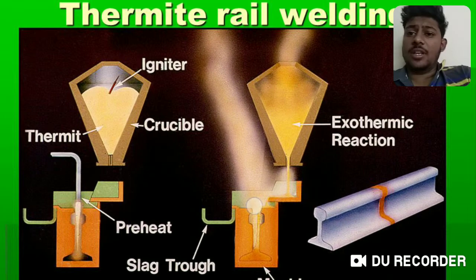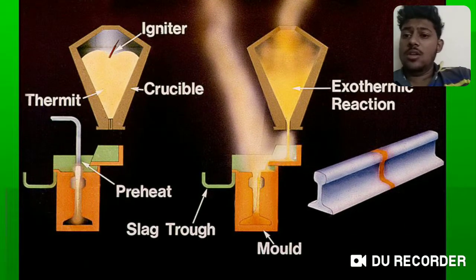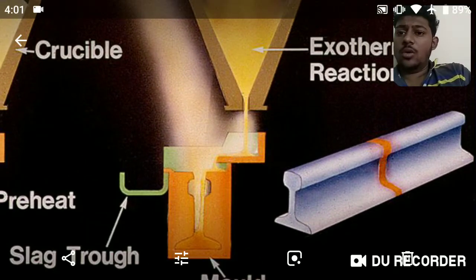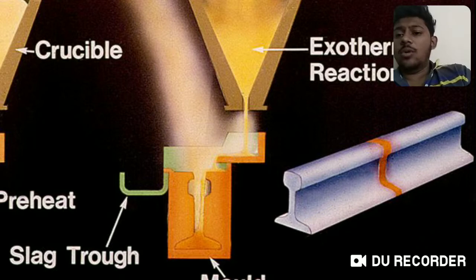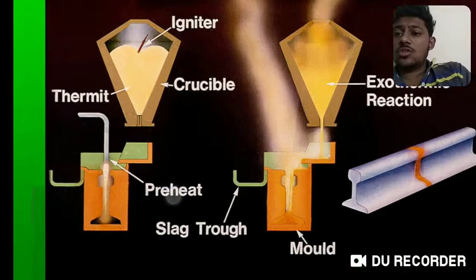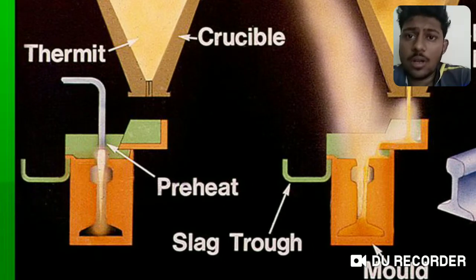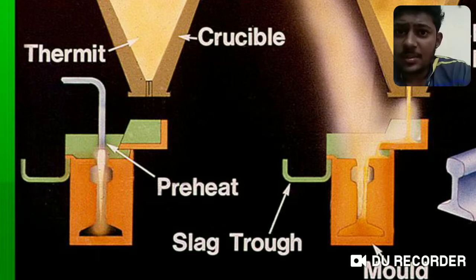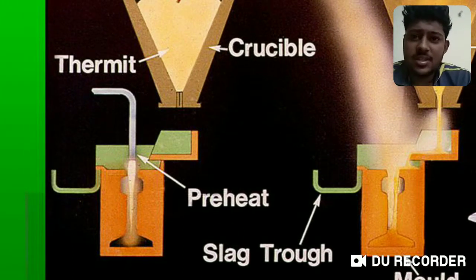This is an exothermic reaction which is happening inside the crucible. This is the mold. The liquid flows below into the tray, and the molten iron settles inside the gap in between these two plates. Before the thermit settles inside, the mold is preheated using a mixture like oxyacetylene or propane oxygen.